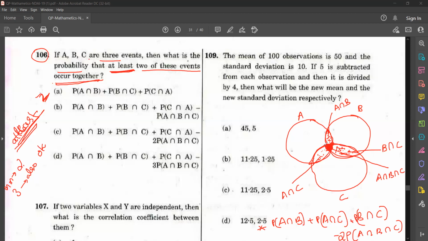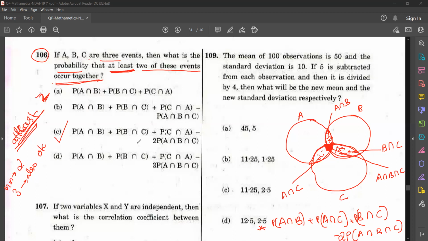So this portion is coming 3 times, but actually that is a single portion. So we are subtracting 2 portions. So what is the answer? A intersection B plus A intersection C plus B intersection C minus 2 A intersection B intersection C. So option C is the correct answer.